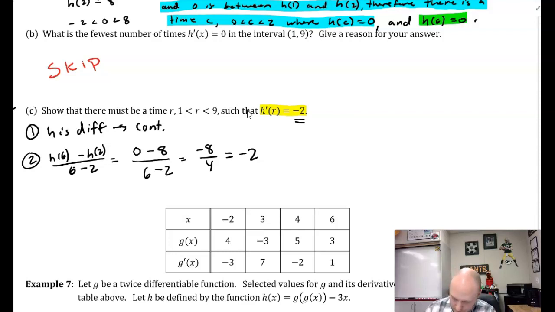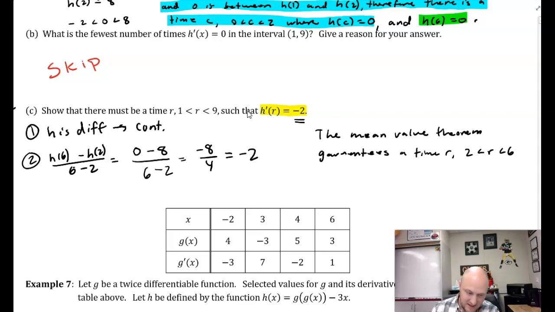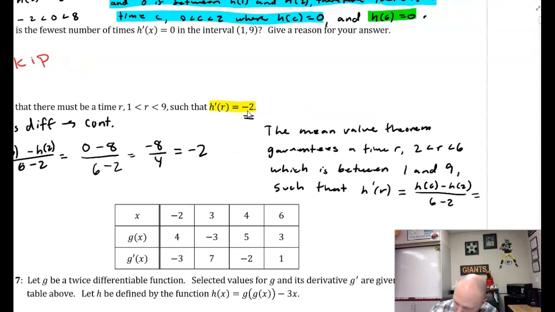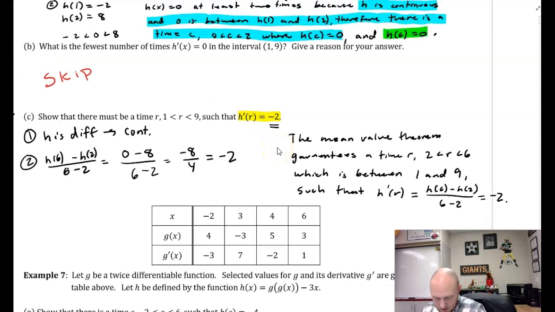We can say the mean value theorem guarantees a time r where 2 is less than r, which is less than 6, which is between 1 and 9, such that h prime of r is equal to h of 6 minus h of 2 over 6 minus 2, which equals -2. Okay, there you go.